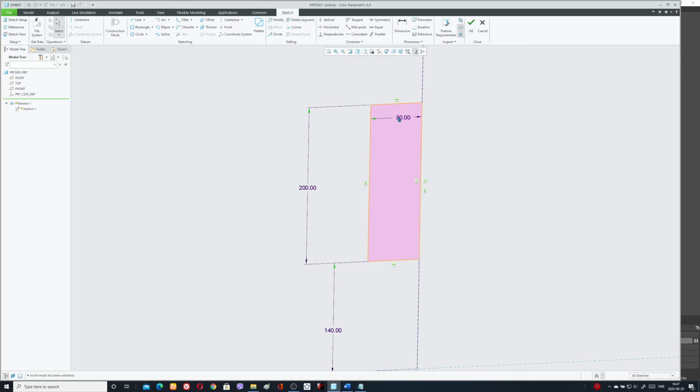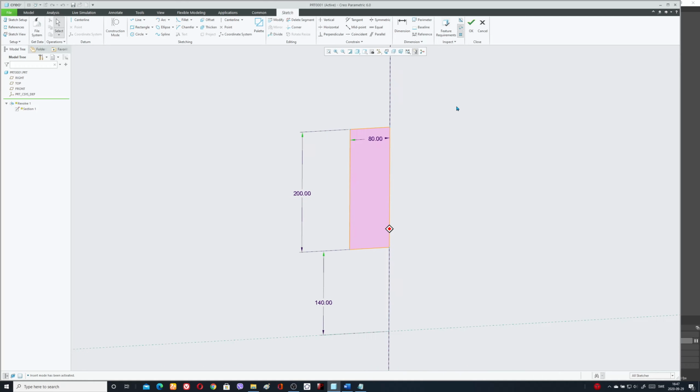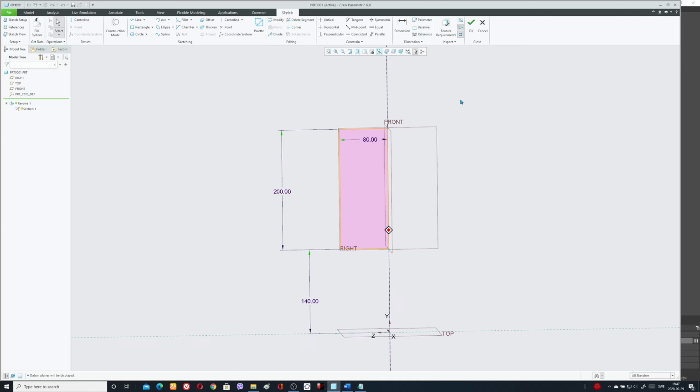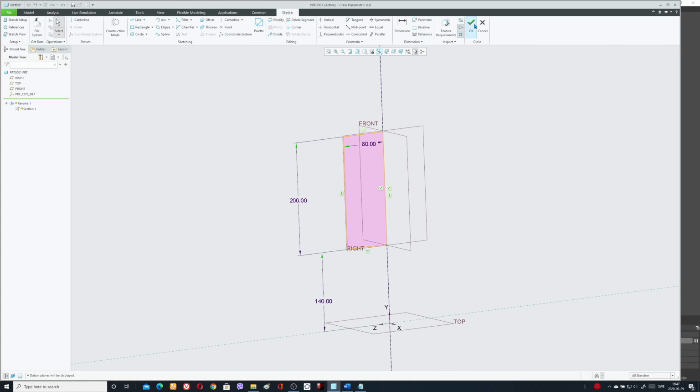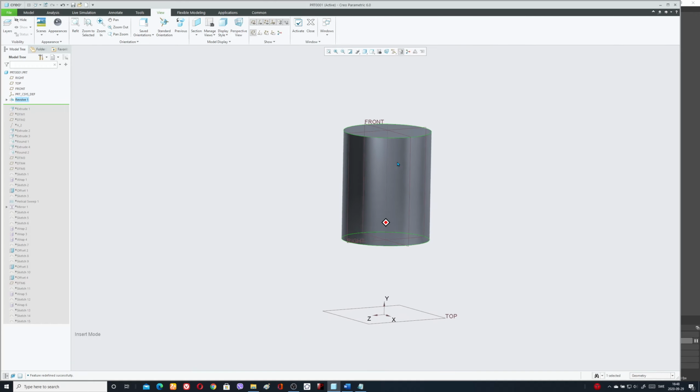I think I have taken the front plane. Let me put the plane here. So, no, it's not the front, it's the right plane. So I revolved this one here, and I receive this.